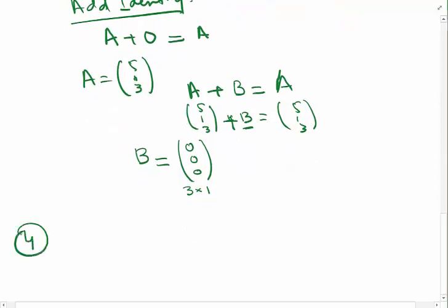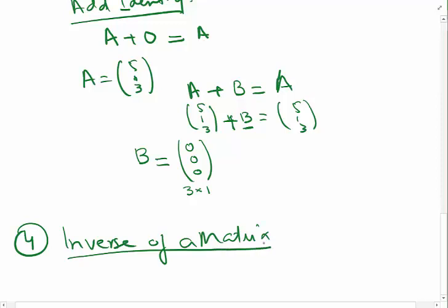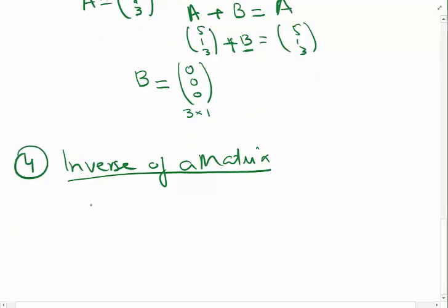Alright, next type is the inverse of a matrix. Now this is the most important type in matrices. We represent inverse of a matrix by using a small minus 1 symbol in superscript.